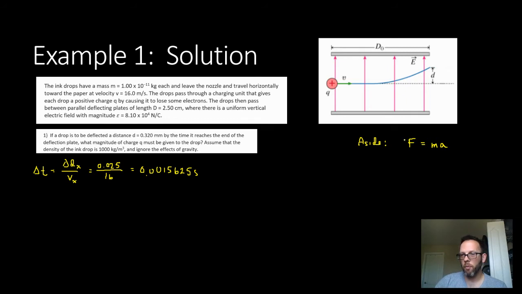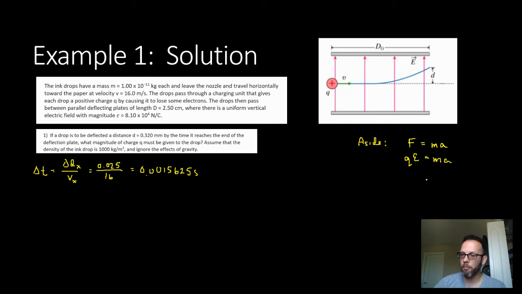So what's the force acting on this charged ink droplet as it's going through? Well, it's the electric force. And if you recall, in our lesson on electric fields, we had an expression for the electric force. It was kind of like Fg equals mg, but it's for electric force, right? And it was this. It was force equals the charge in the field times the electric field strength.